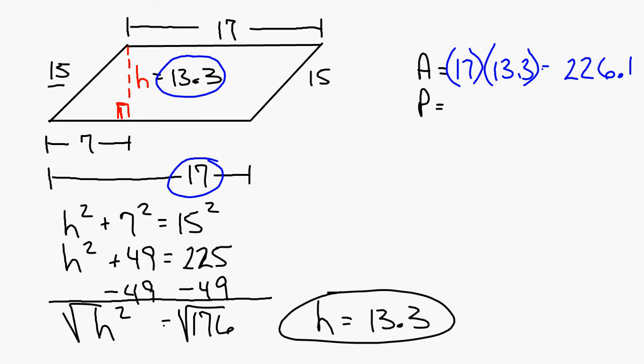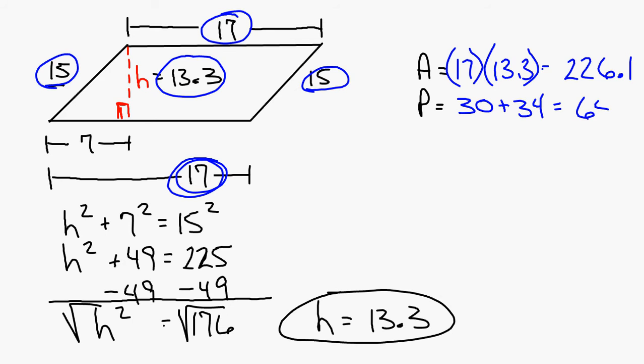The perimeter is the sum of the sides. You've got 15 plus 15, which is 30, and 17 plus 17, which is 34. And 30 plus 34 is 64. So there's your area and your perimeter of the shape.